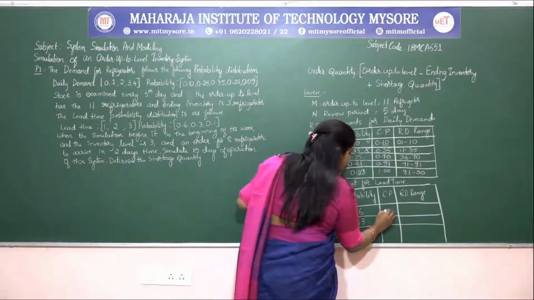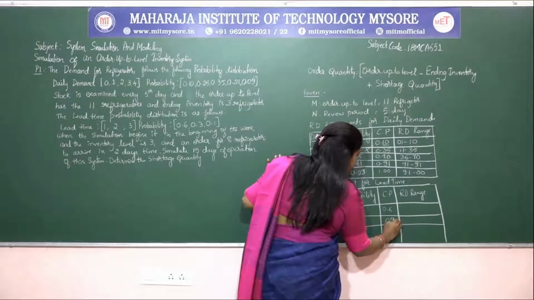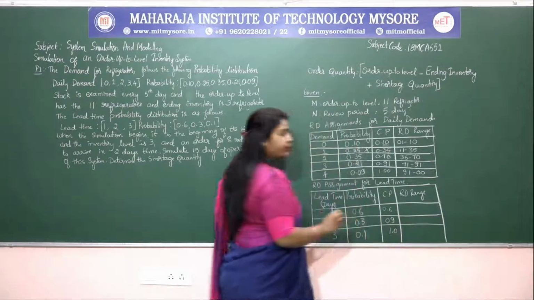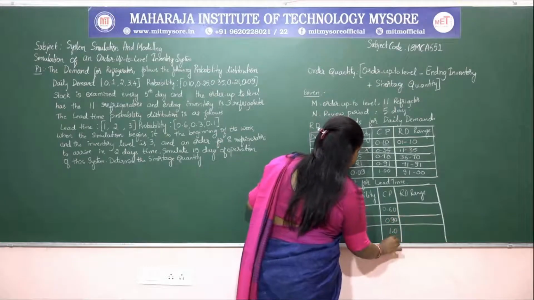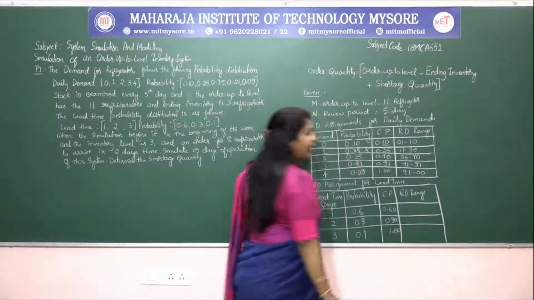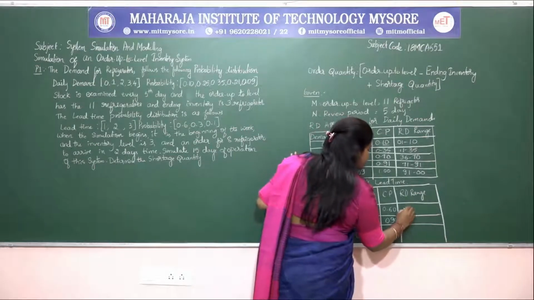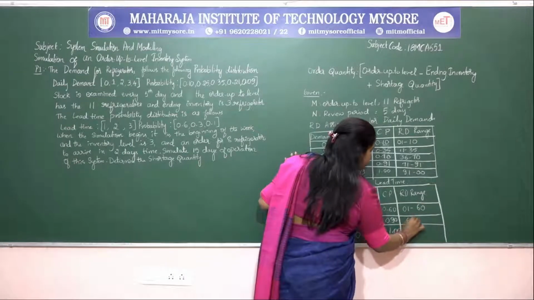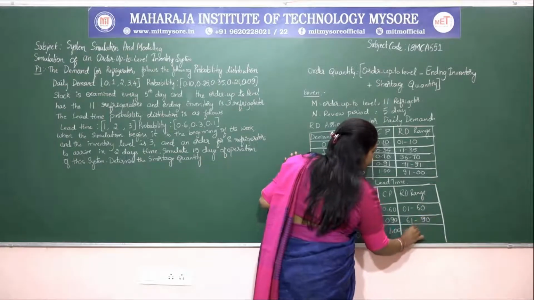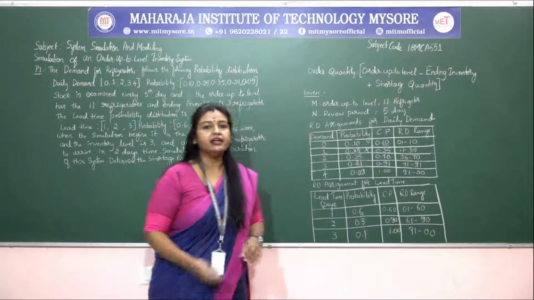Therefore the cumulative probabilities are 0.60, 0.90 and 1.00. So what about the RD range? The RD range is 1 to 60, 61 to 90, and 91 to 00, that is 91 to 99.